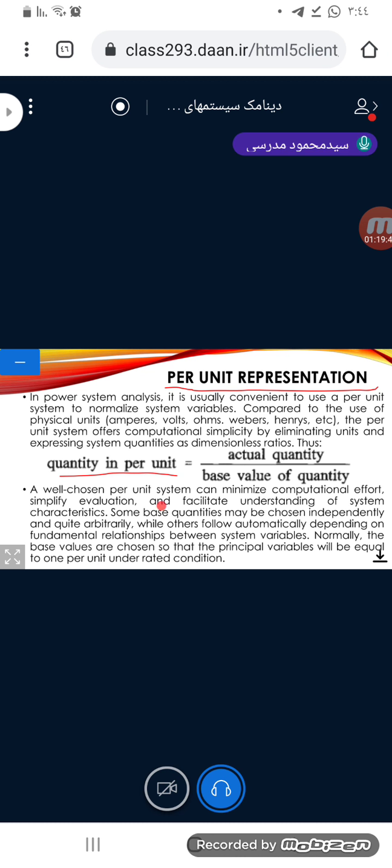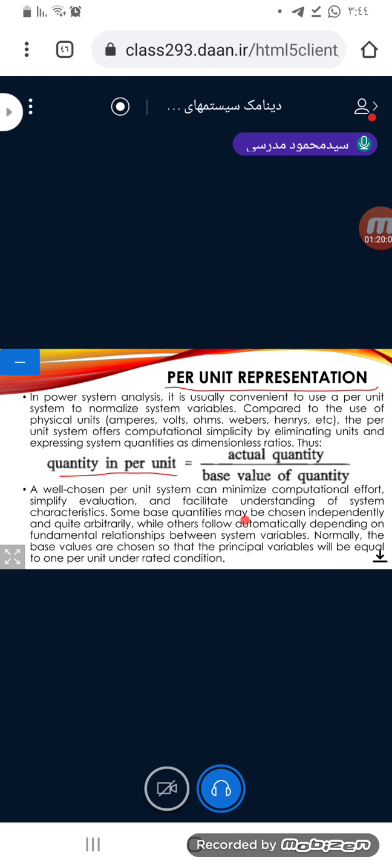A well-chosen per unit system can minimize computational efforts, simplify evaluation, and facilitate understanding of system characteristics.